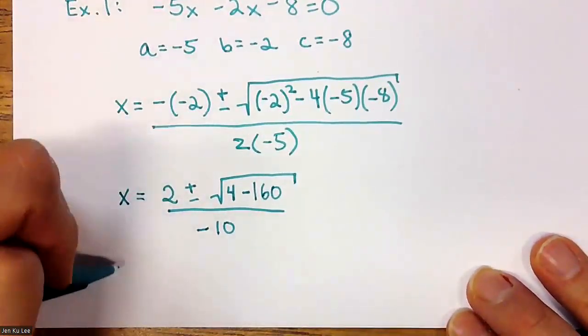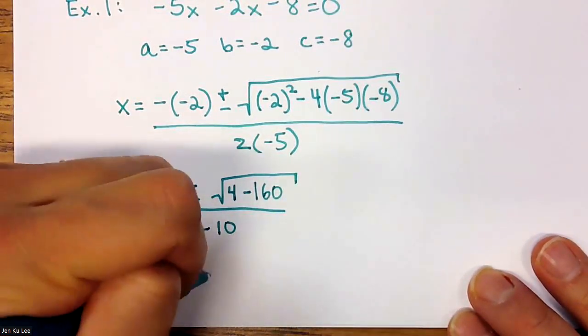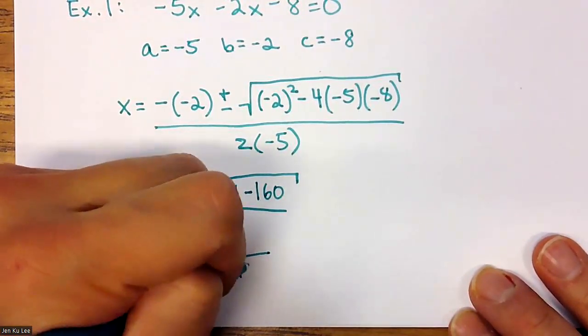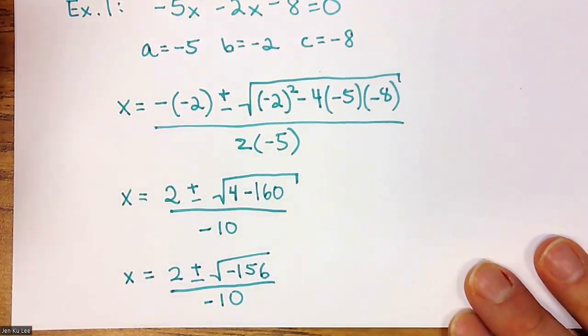Simplifying even more, 2 plus or minus the square root of negative 156 divided by negative 10.